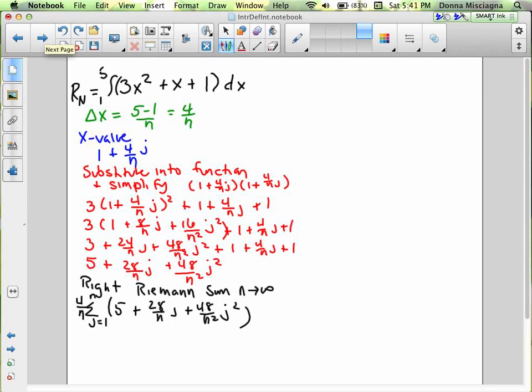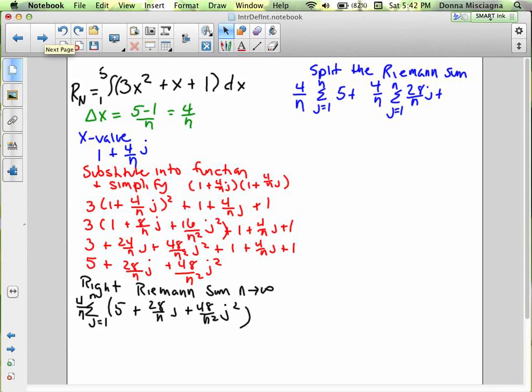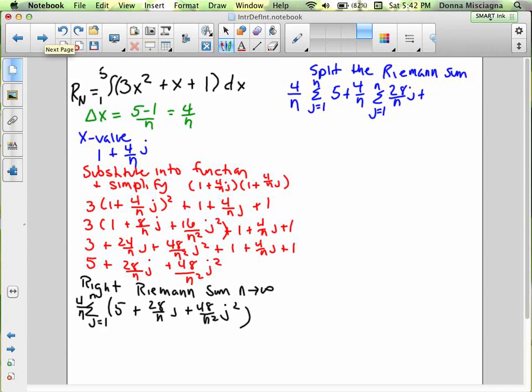We're going to split the Riemann sum. Everyone gets their own sigma. 4 over n sigma j equals 1 to n of 5, plus 4 over n sigma j equals 1 to n of 28 over n times j, and then everybody needs to move over just a little bit, otherwise this one's going to go off the screen.